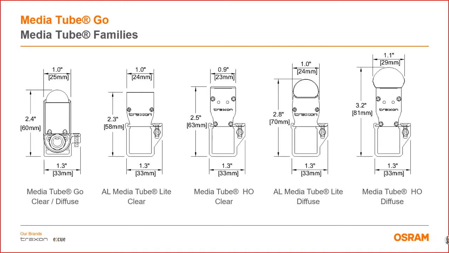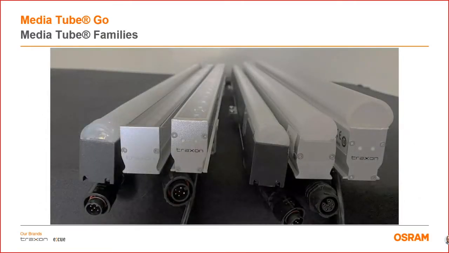So you have a single profile, whether you're going with clear or diffuse. And otherwise there's that bracketry, as Anthony mentioned, similar mounting style, although it's a slightly different bracket for Go, whereas Lite and HO share the same bracketry style.